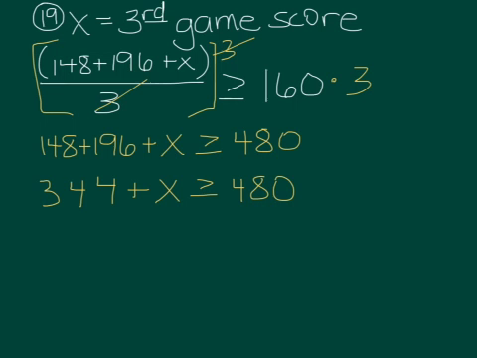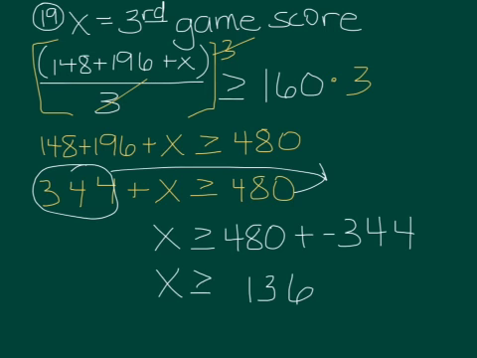And I'm going to move 344 over to the same side as 480, since those are like terms, remembering to change the sign, so it will be negative. So 480 plus negative 344 is 136. So Ben will need to score 136 in his third game in order for the average of those 3 games to be at least 160.